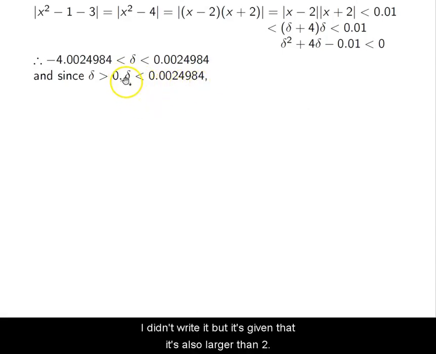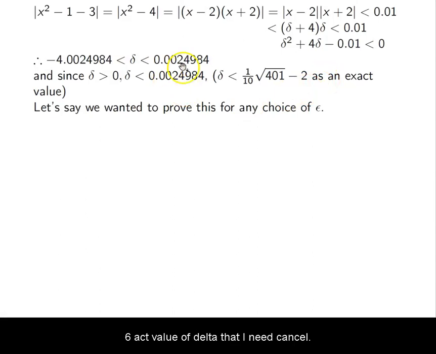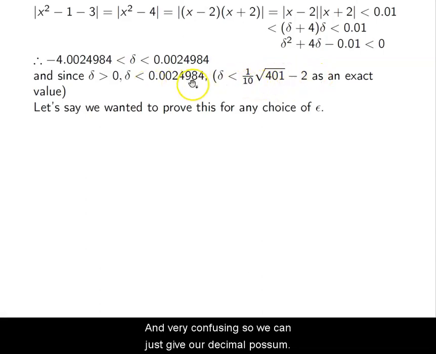I didn't write it, but it's given that it's also larger than 0, because that's the condition. So the exact value is 1/10 times the square root of 401 minus 2. So that's the exact value of delta that I need. That's very confusing, so we can just give our decimal approximation.